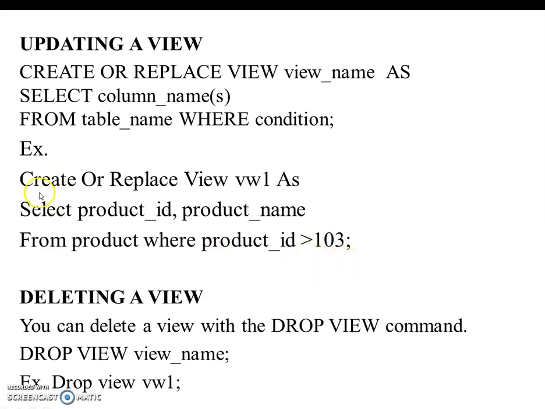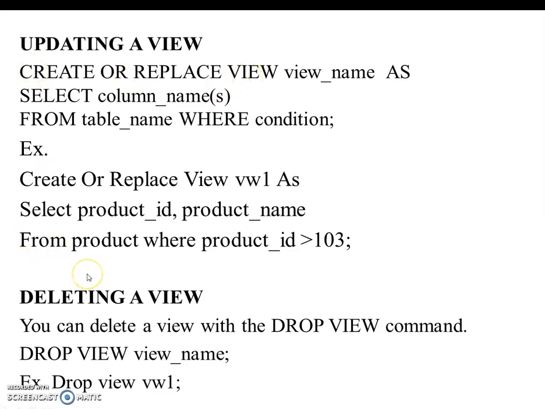So now my updated view vw1 will have the records greater than 103. The previous records will automatically get updated or deleted by this new replacement statement. So you can update a view by using the create or replace view statement.